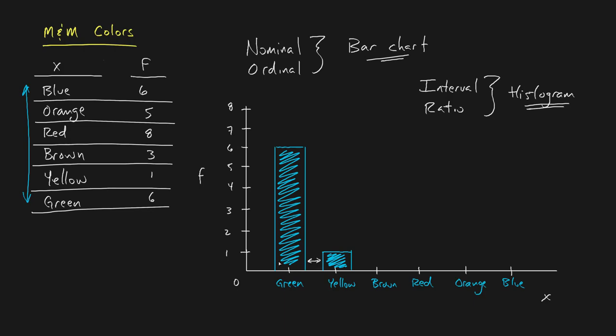Why that's important. Okay, so for brown, I need to get up to 3. And for red, I go all the way up to 8.